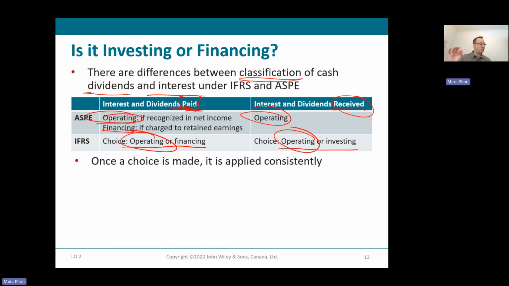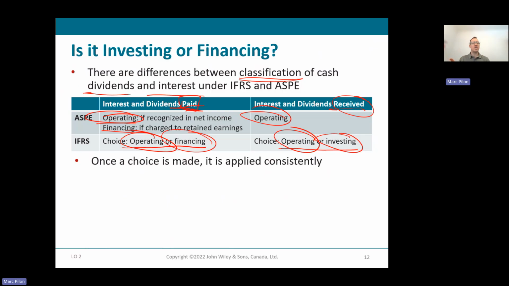So the easiest thing for you for exam purposes in this course and your professional exam is just choose operating activities for purposes of learning, knowing that in real life, financing and investing activities are also a possibility, depending on the sector of activity.